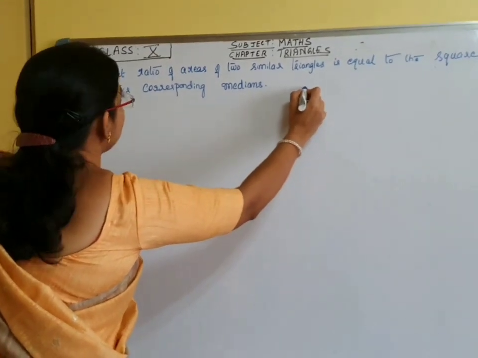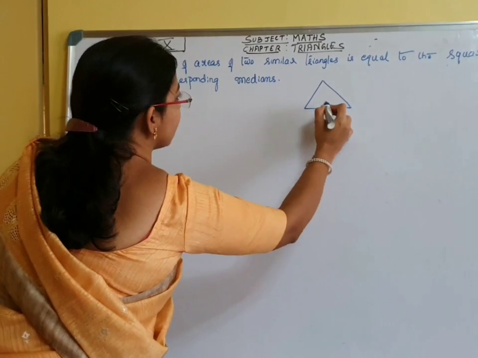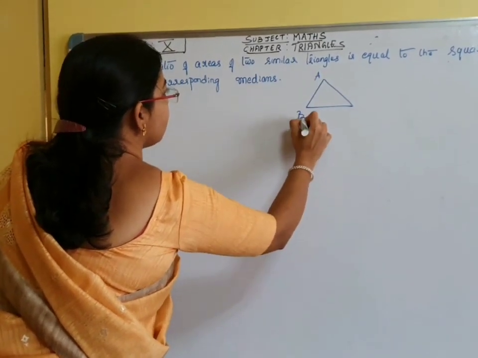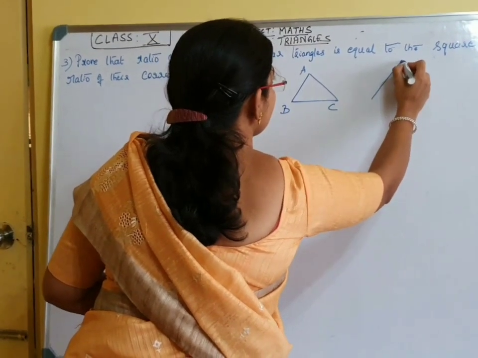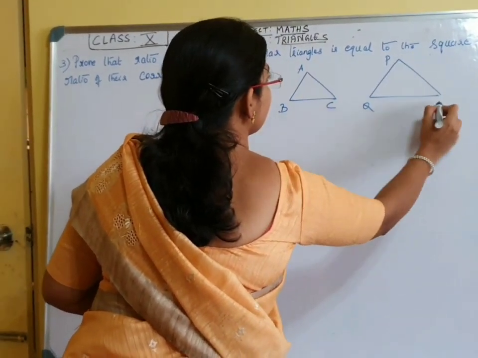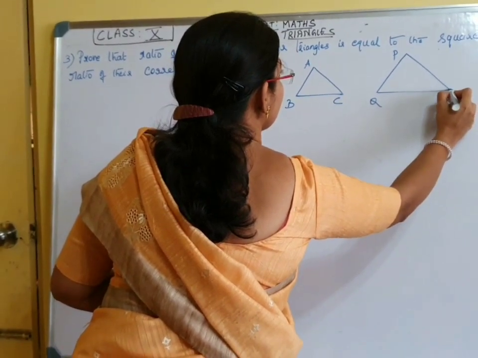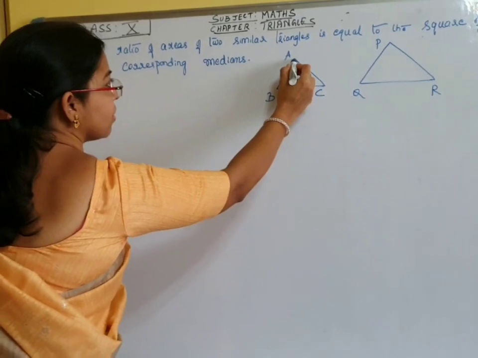So we will go to the problem. Here consider 2 triangles, ABC and PQR. We need to draw the medians.